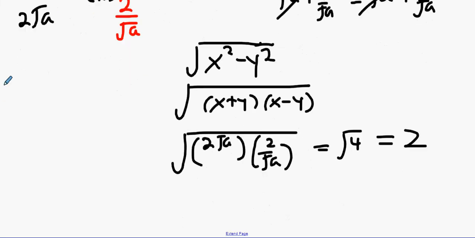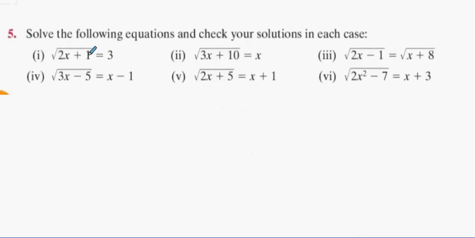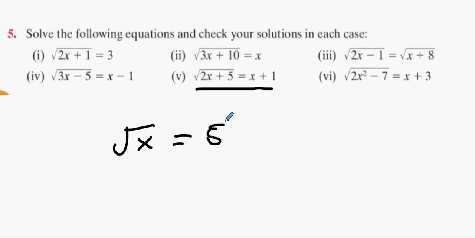Now, the next type of questions are something like this here. If I had root x equals 5, what could you do to both sides? Square both sides, and what do you get? X equals 25. Not x squared, it's x.